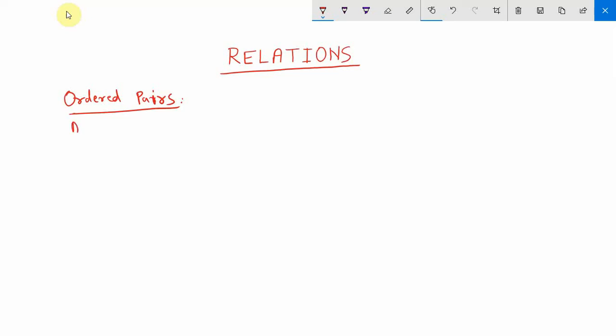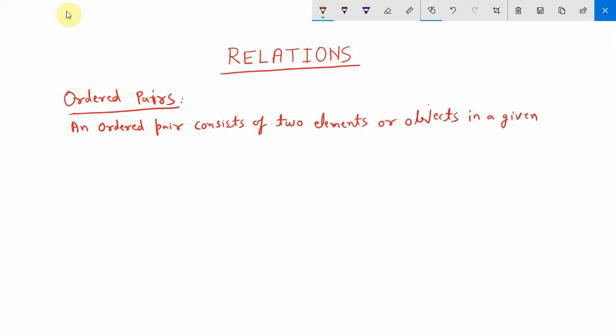Okay, so we can write an ordered pair consists of two elements or objects in a given order.